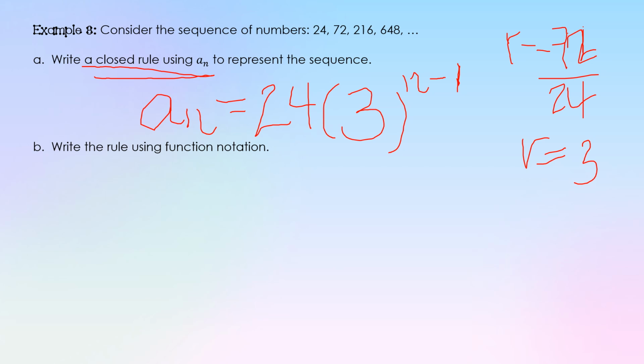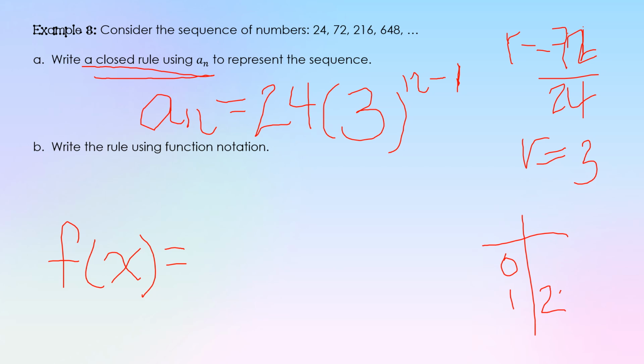So that would be using your sequence rule, using that explicit or closed rule. For the function notation, that's where I want you to have f of x. The difference is that when you're using function notation, it starts with the initial value, which is your 0 term. So we know the first term is 24, and we know that moving forward, we multiply by 3, so we're going to have to divide by 3, which is going to give us 8.